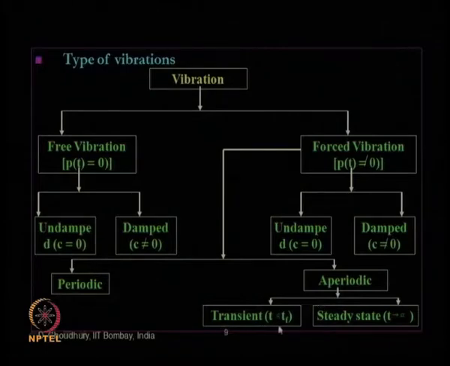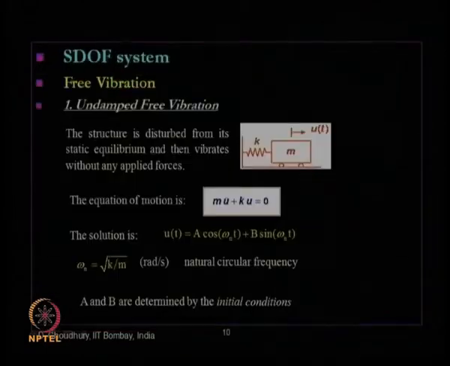One is called transient aperiodic forced vibration, another is called steady state aperiodic forced vibration. Transient means the externally applied dynamic load acts for a finite duration, for example an earthquake load. That is transient, aperiodic, random, whereas steady state means the applied dynamic load acts for infinite time. For example, wind load can be considered a steady state aperiodic forced vibration.